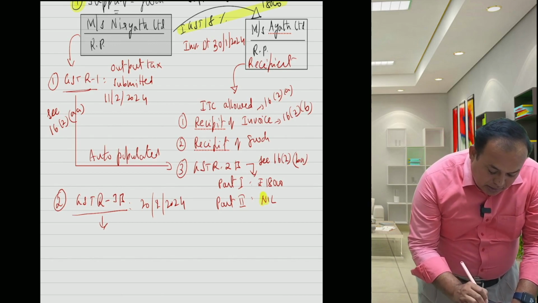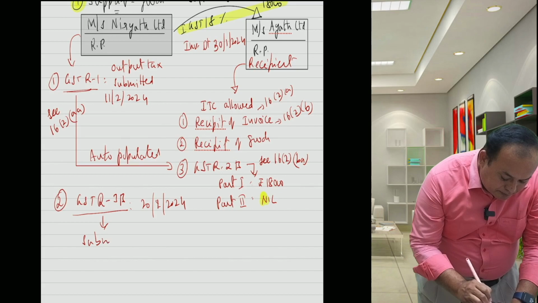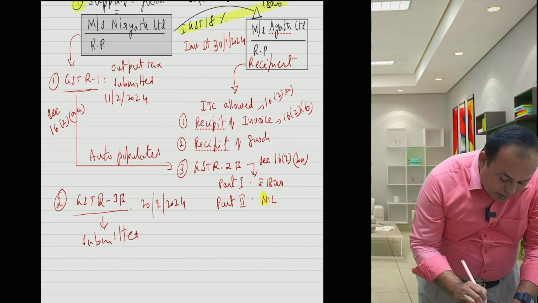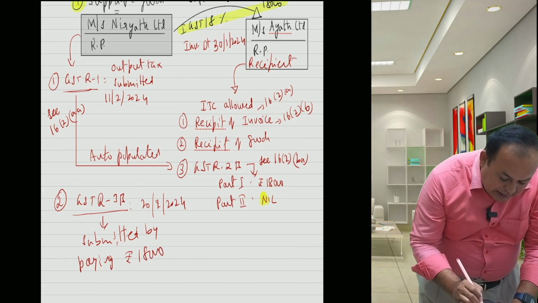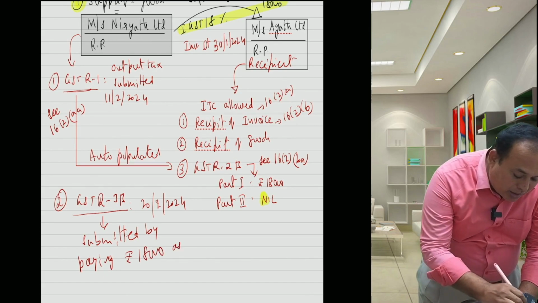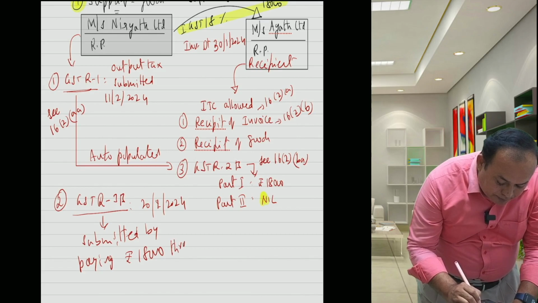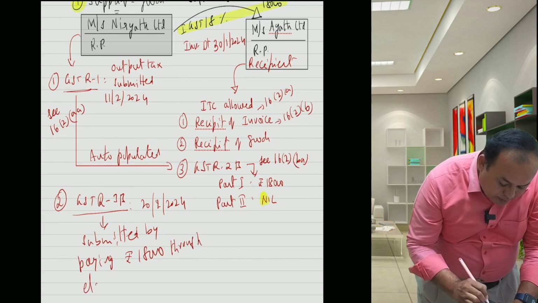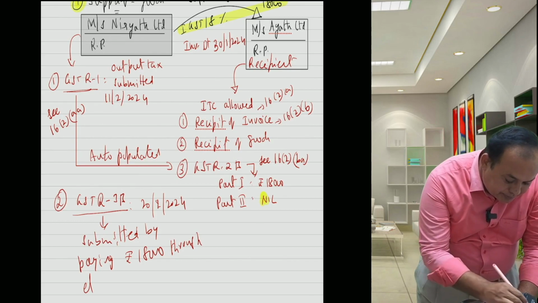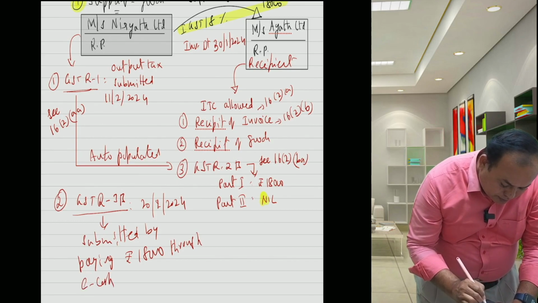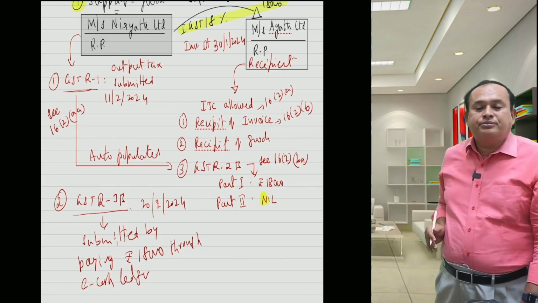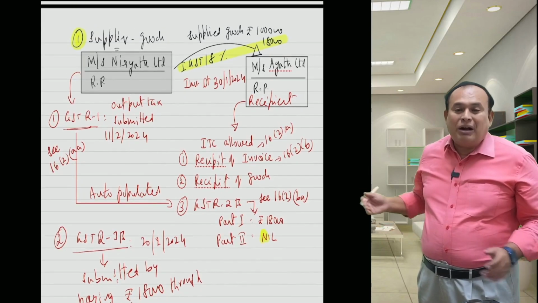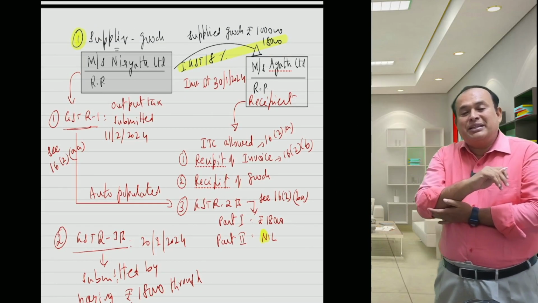GSTR-3B is submitted by paying rupees 18,000 through the electronic cash ledger. If he paid, goodbye. Whatever credit the recipient availed, no problem, go ahead, everything is good.